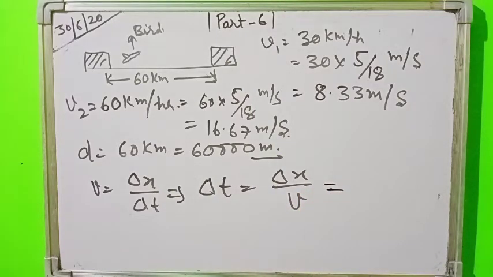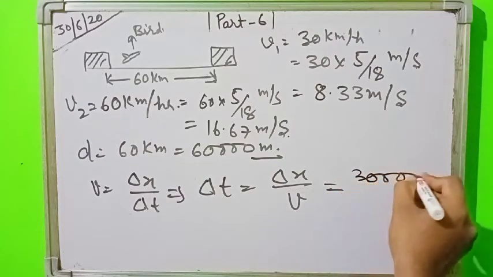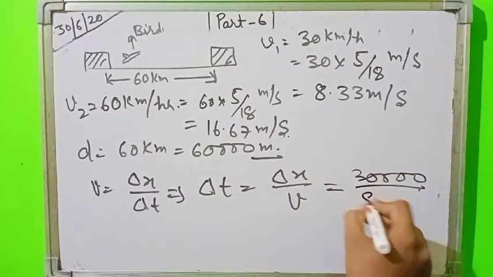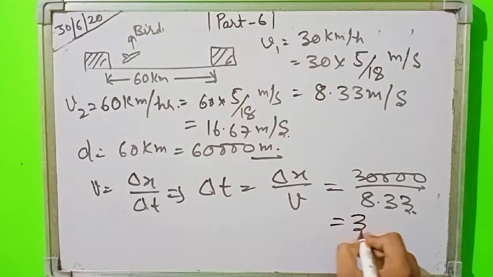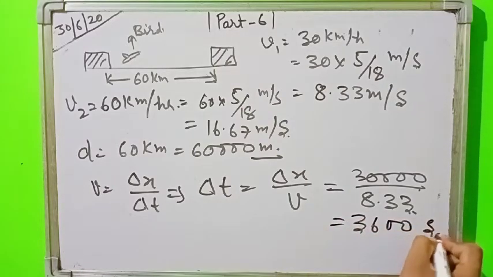For the time of collision, the velocity of the train is 8.33 and the distance we have to find out. What is the distance? So delta t is 30,000 upon 8.33, that is equal to 3,600 second.